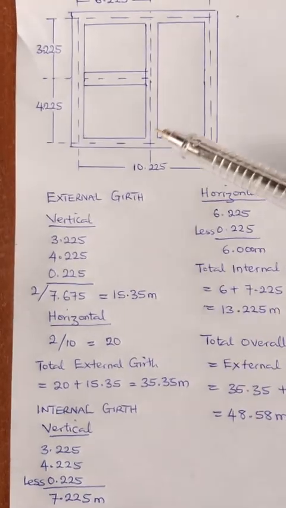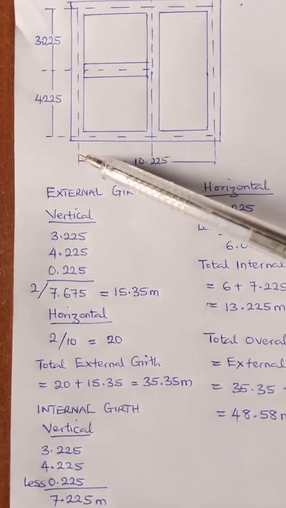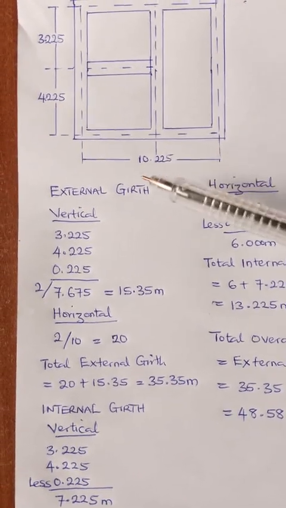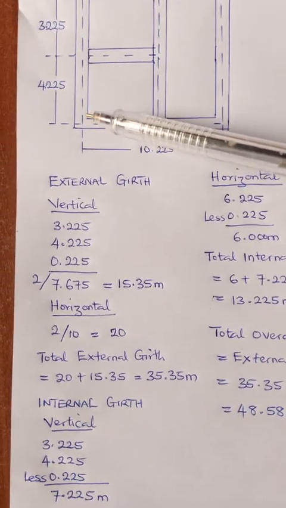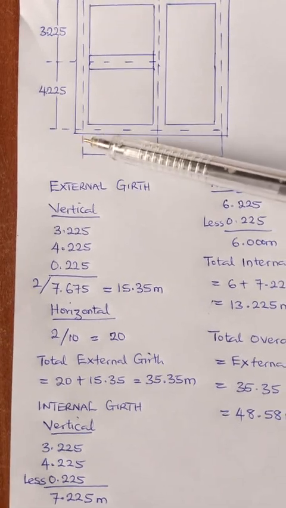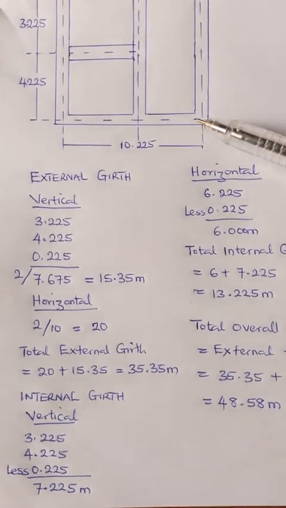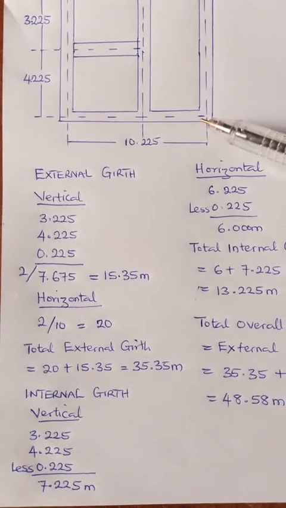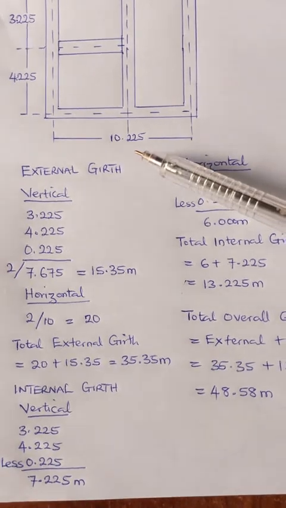So we have 10.25, that is the grid line. But since we have taken across this way, we will not take this from the grid line. We have to deduct half this way and half this way, which is 0.225.